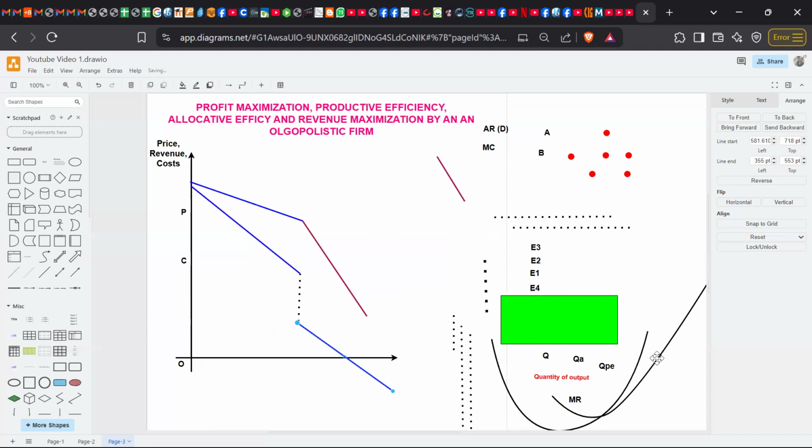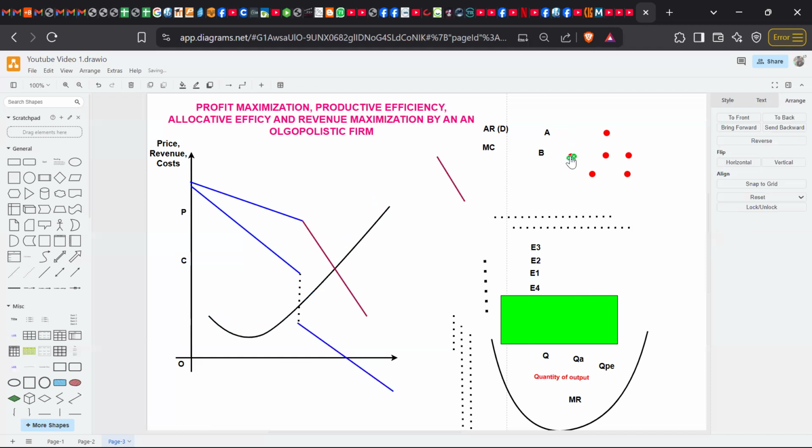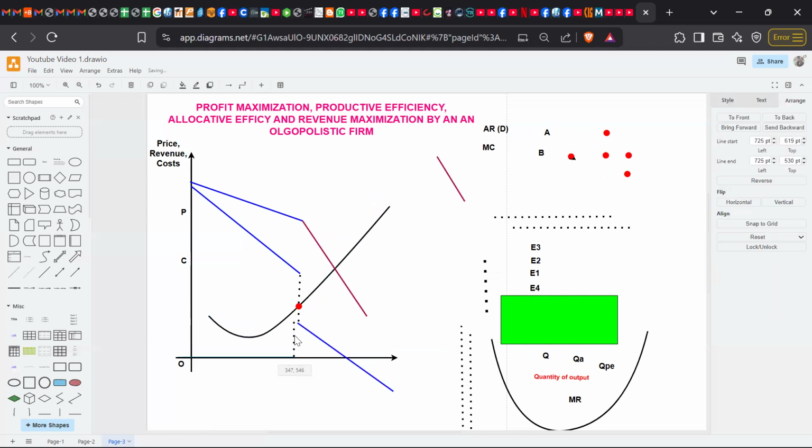So the marginal cost is here. Marginal cost is equal to marginal revenue at that point where we mark it as E1. Yeah, this is the equality between MC and MR. And from there, we have the output Q being produced at the profit maximizing level of output for the firm.